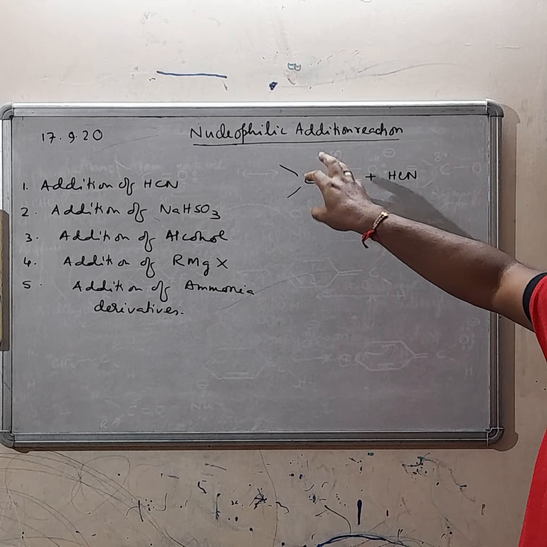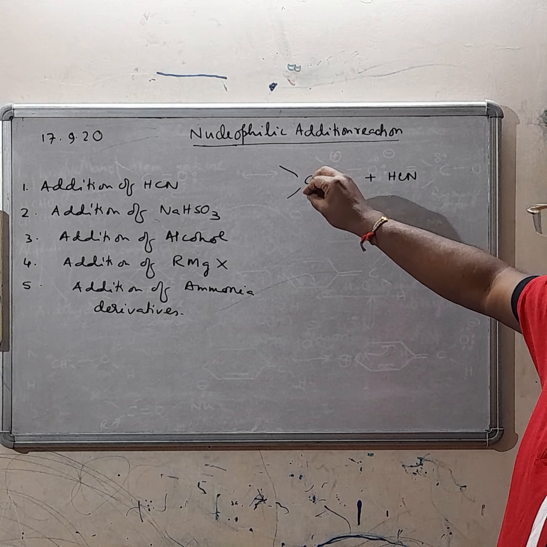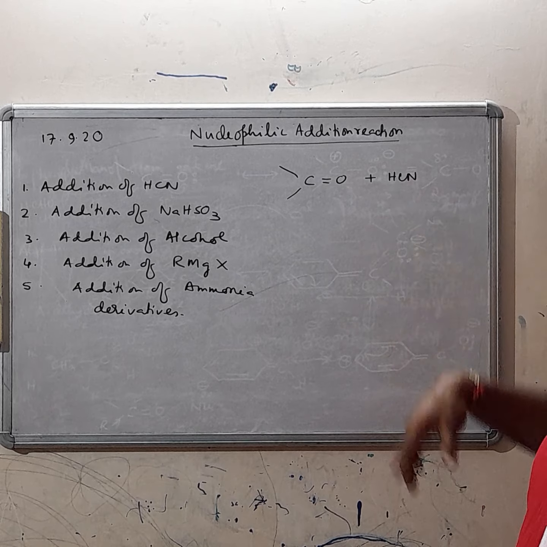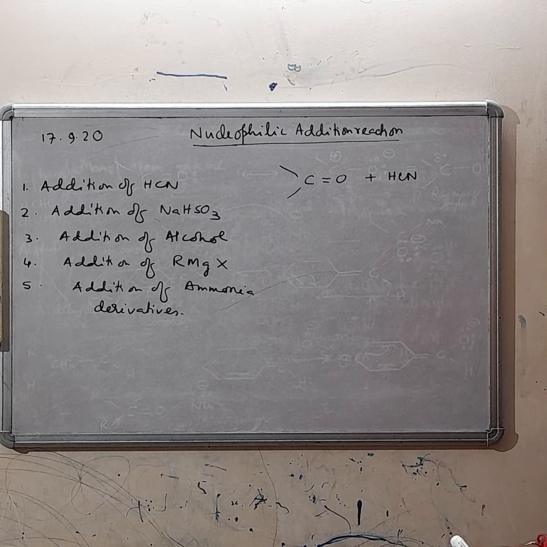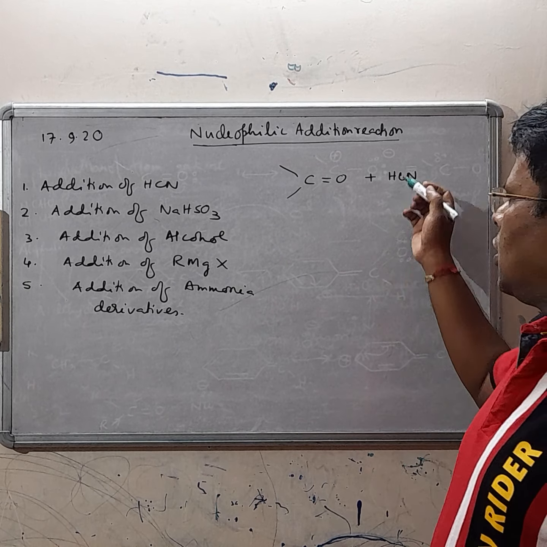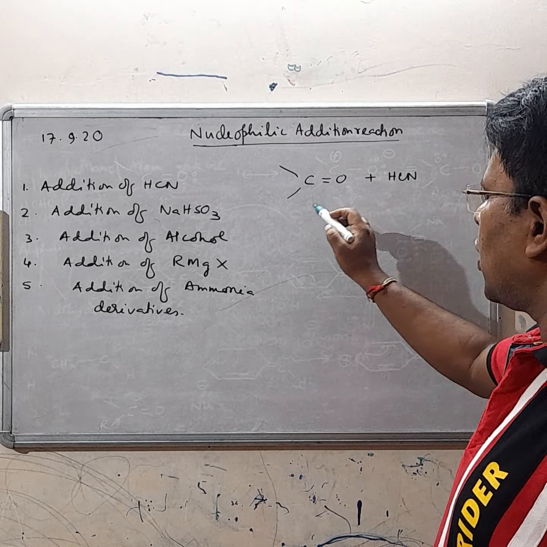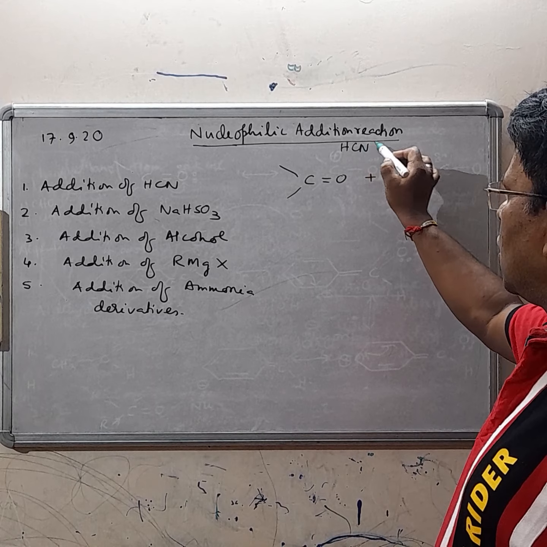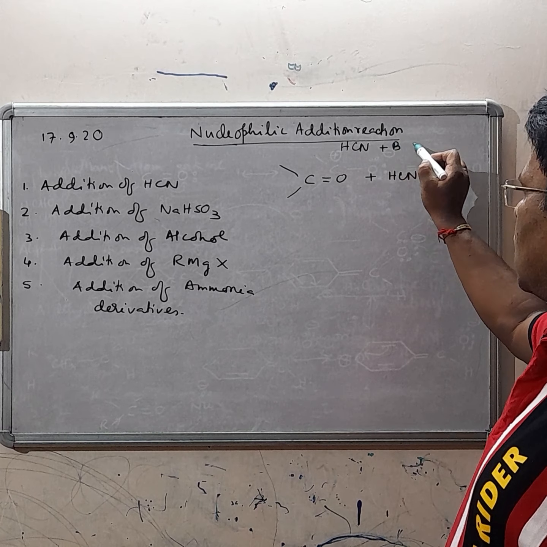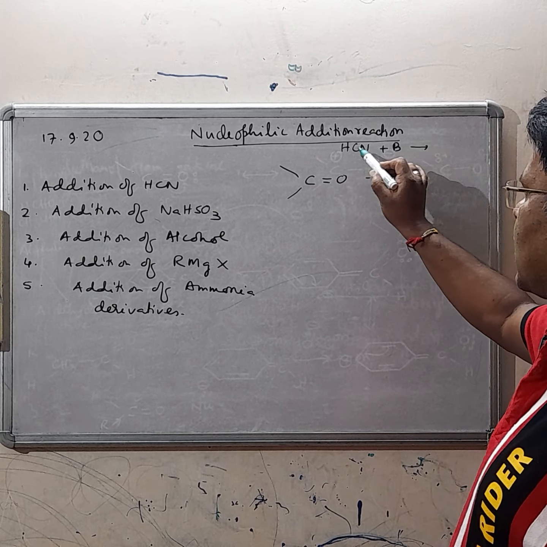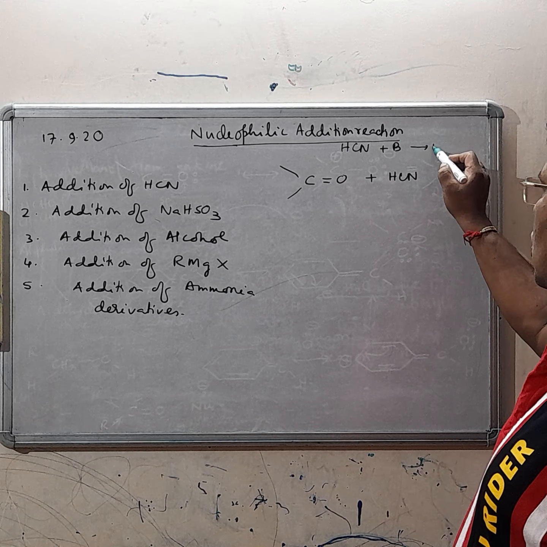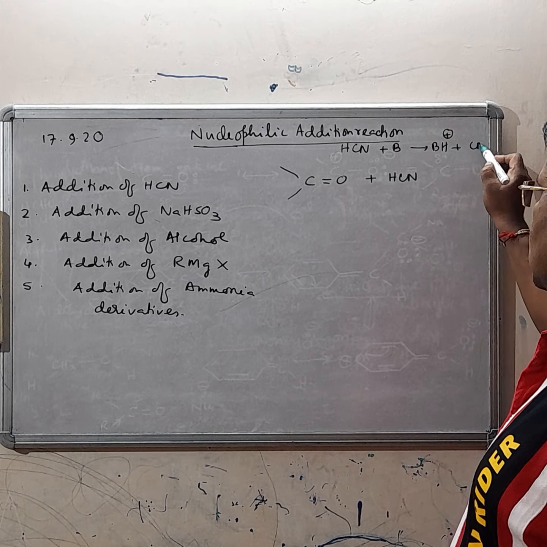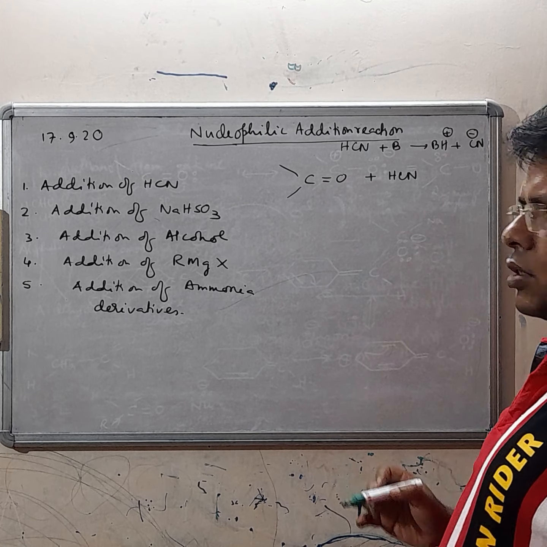So suppose this is an aldehyde or carbonyl group, and the reagent is HCN. Now this reaction is catalyzed by a base. What actually happens is that this HCN plus base, this base accepts this proton, so it becomes BH plus and CN minus.